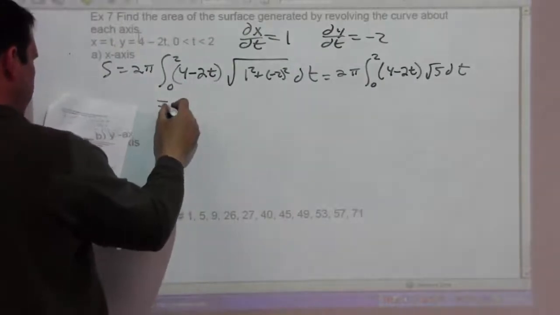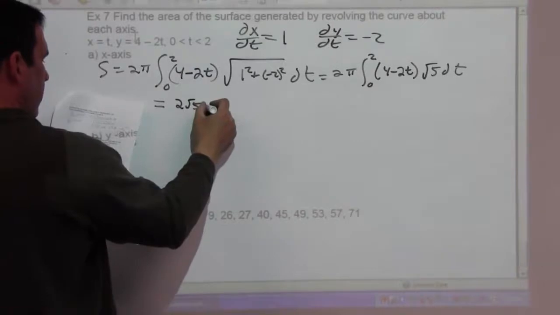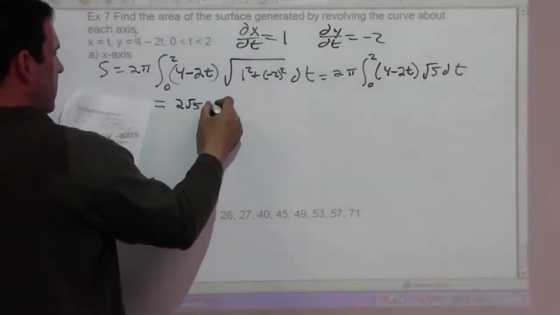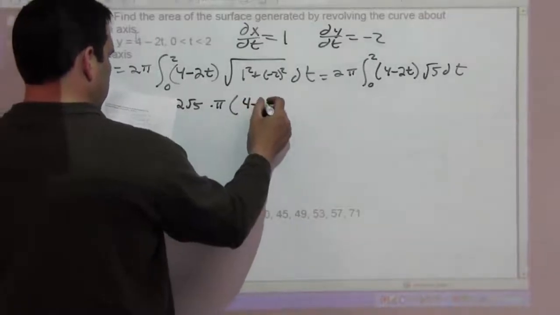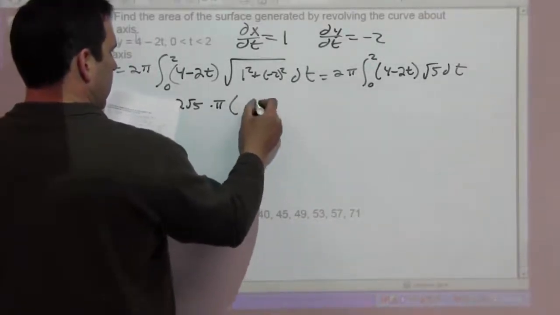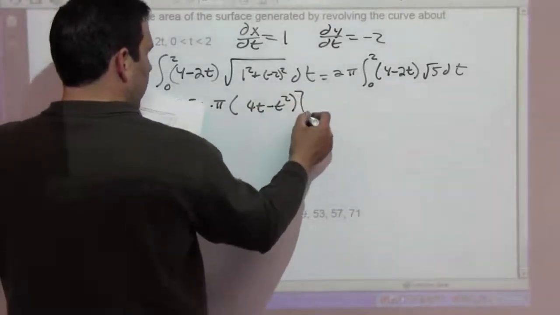And that's going to be 2 times the square root of 5 times pi times 4t minus t squared from 0 to 2.